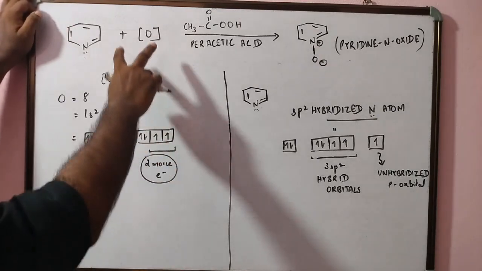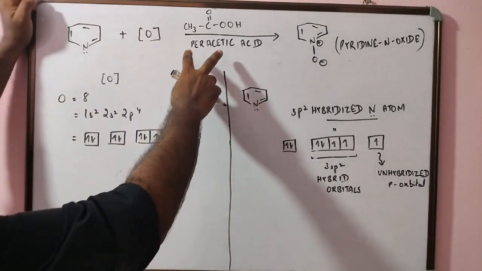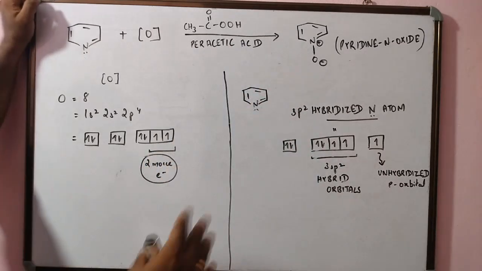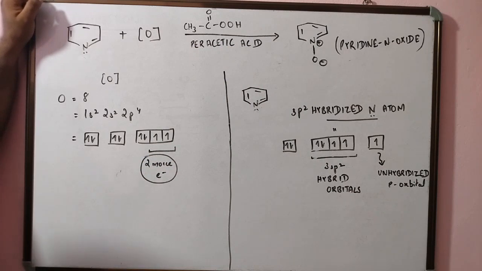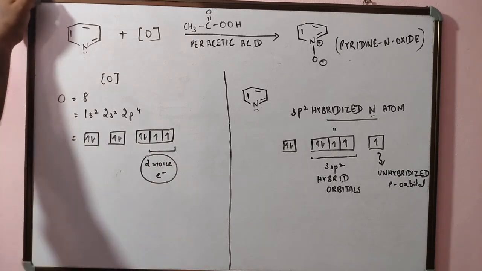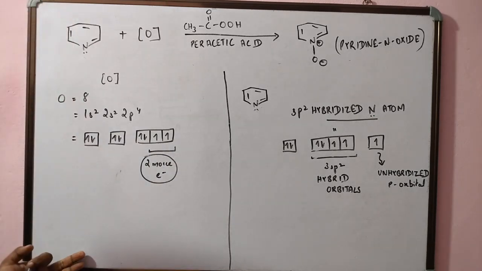Yes, nascent oxygen is produced by the decomposition of peracetic acid. A nascent oxygen is a single oxygen atom that has been produced by decomposition or any other chemical reaction. Its atomic number is 8.